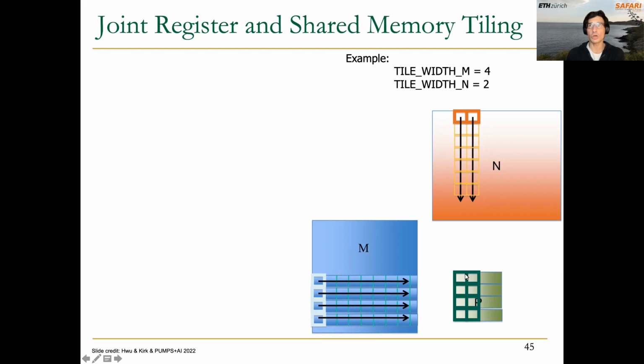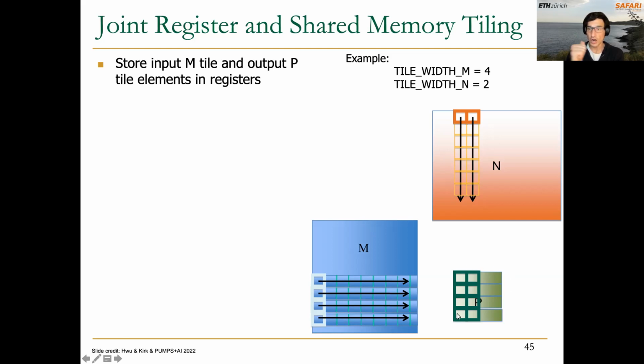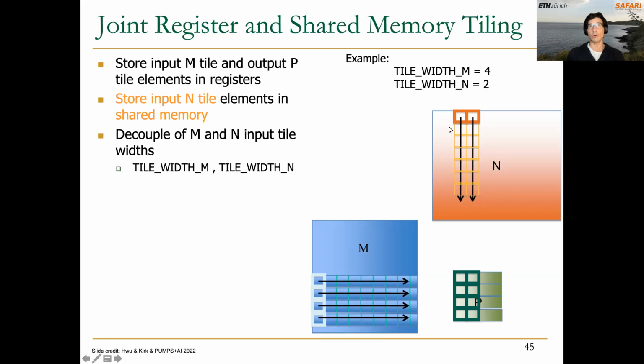And we are going to use 8 threads in total to compute this 4x2 tile of matrix P. We store the input M tile and output P tile elements in registers. So all these elements of P are in registers, and all these elements of M are also in registers, while the tile of matrix N is going to be stored in shared memory.